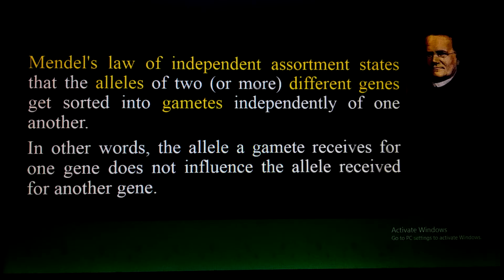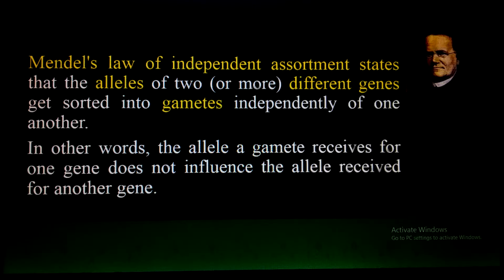So Mendel's law of independent assortment states that the alleles of two different genes, as I have told you that the law of independent assortment follows the dihybrid cross. Dihybrid cross means two contrasting characters. So the alleles of two different genes get separated into gametes independently of one another.